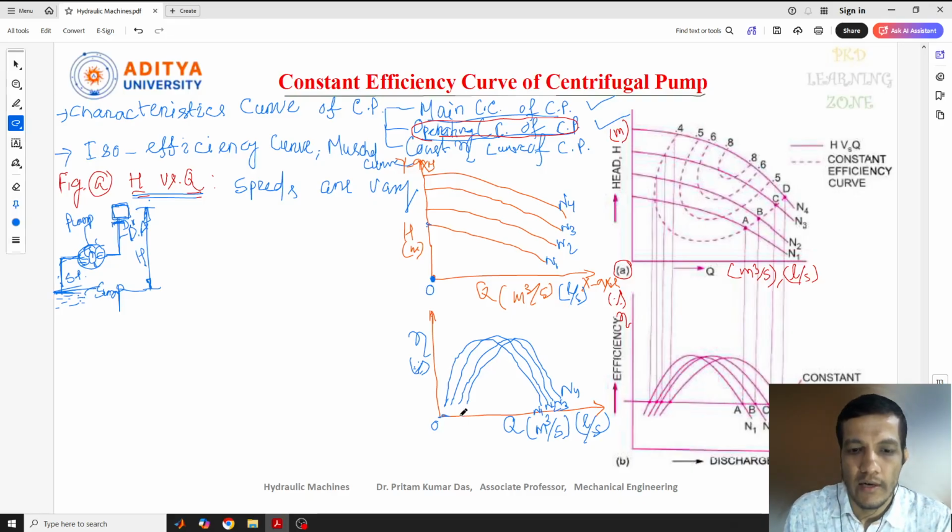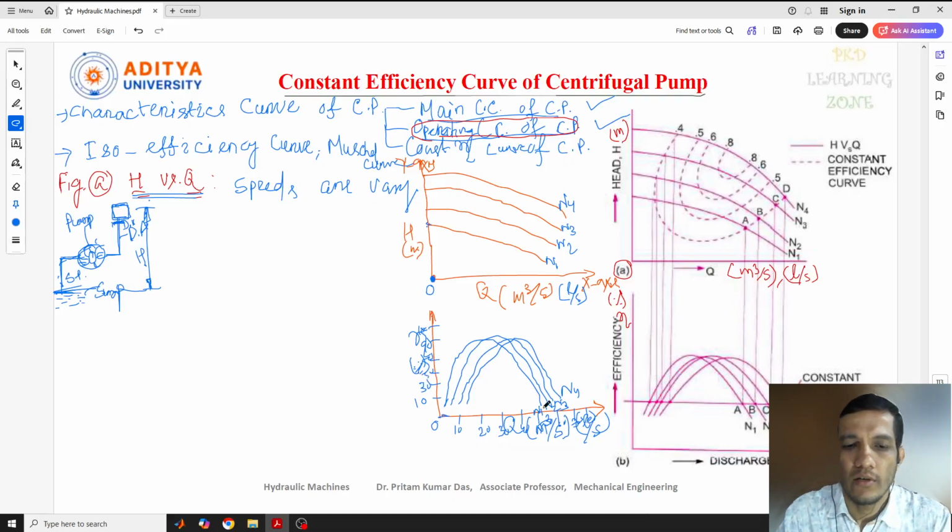From here we can start: the discharge 10, 20, 30, 40, 50, 60, 70, 80, like that. Similarly, in the y-axis we'll have the efficiency: 10% efficiency, then 30%, 50%, 70%, 90, and 100 you can give here, or else we can write 10, 20, 30, 40 sequentially also.